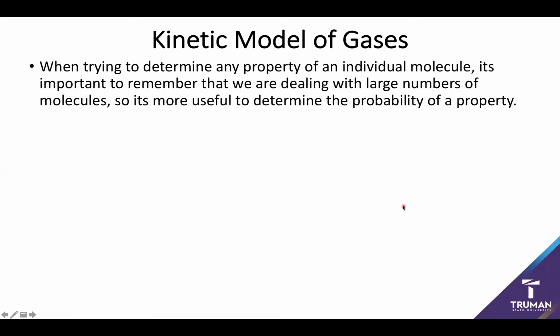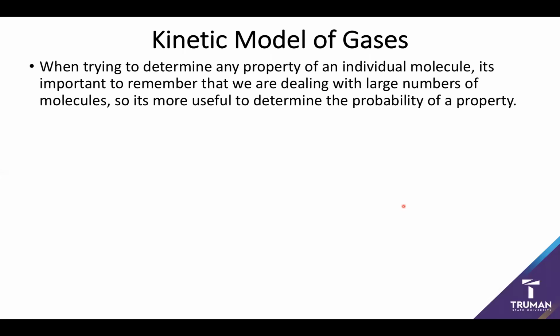One of the first things that is very important to remember when we're talking about the properties of individual molecules, like velocity, instead of bulk groups of molecules like pressure, is that we're not dealing with a single molecule. We're almost always dealing with a large number of molecules. So knowing the velocity of any given molecule is kind of useless.